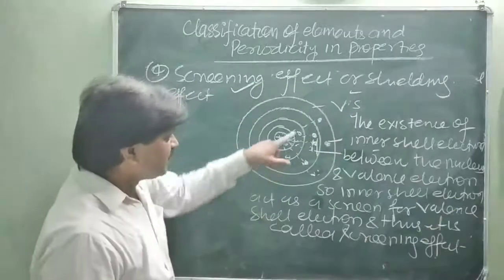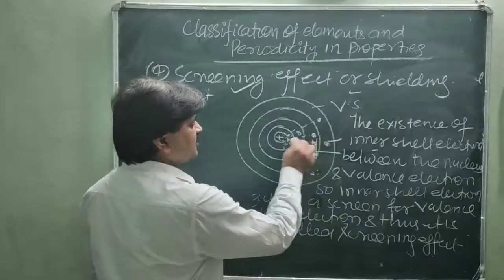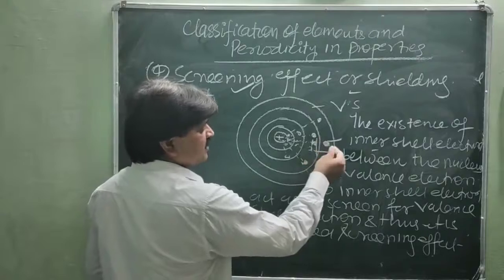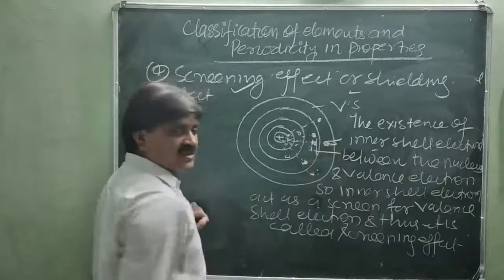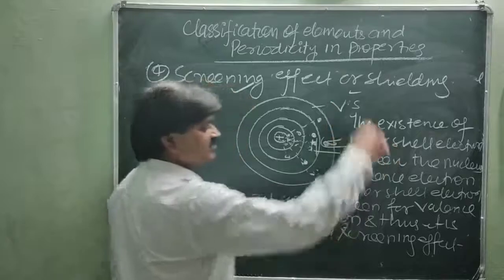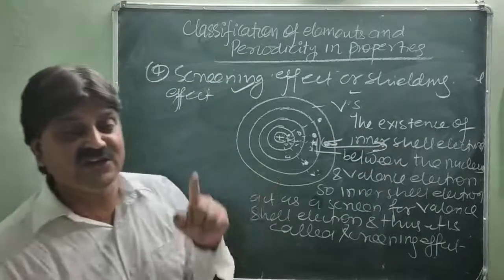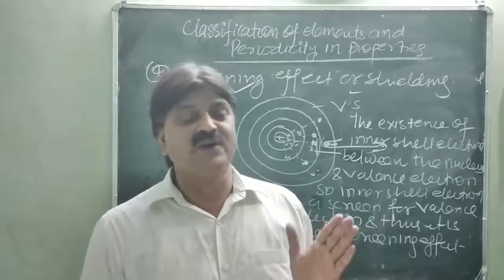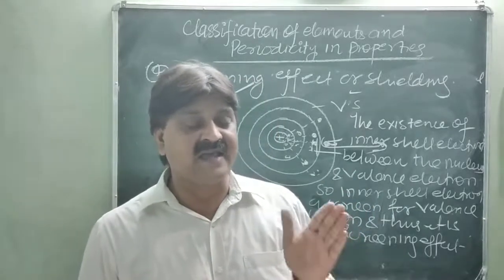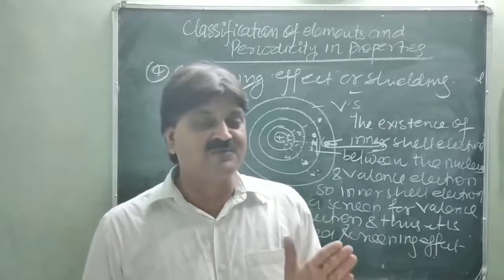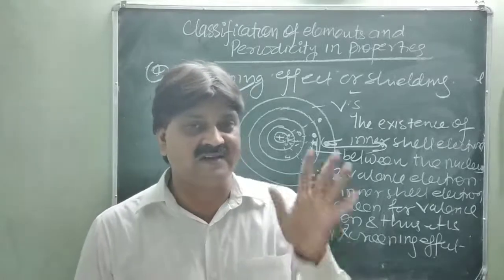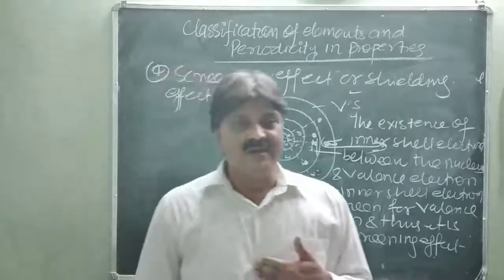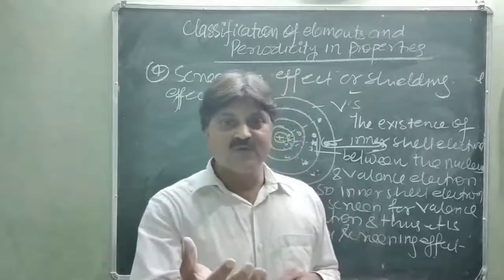Is it clear? Whenever this electron completely shields the nucleus part for this electron, the electron has no force of attraction or less force of attraction from the nucleus, so less energy is required to pull this electron. So what will happen? As the screening effect increases, the ionization enthalpy decreases, because the inner shell acts as a curtain, a screen, and shields the part of the nucleus which acts on the valence electron in between. Just like you are reading and I am teaching here, my approach is directly toward you.